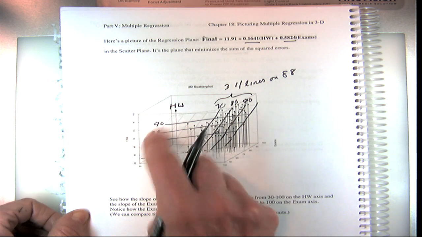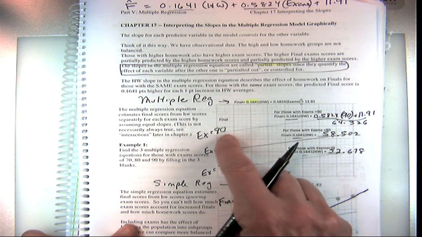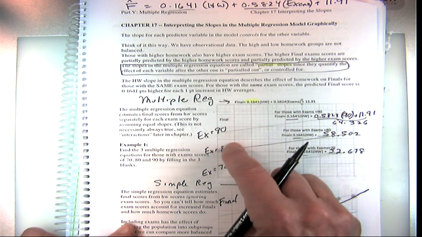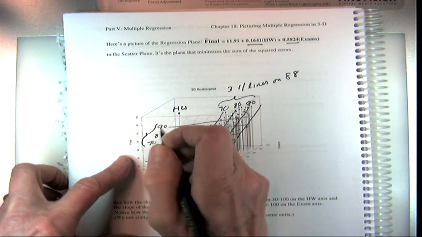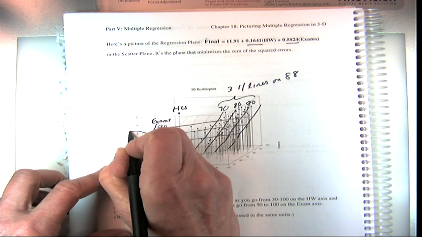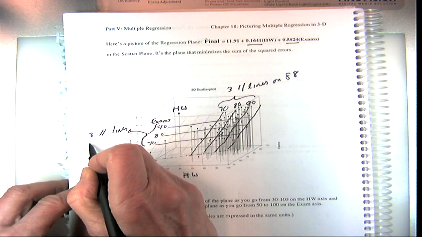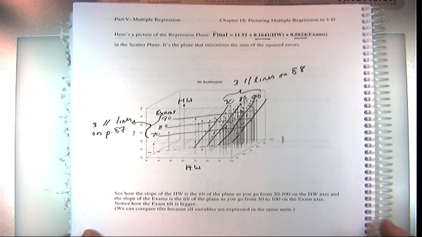They all had this gradual slope of 1641, and that's these three lines, for exam scores of 90, 80, and 70. This is what they look like in the plane. This right here is exams, and these are the three parallel lines on page 87. Those are the first ones we did.